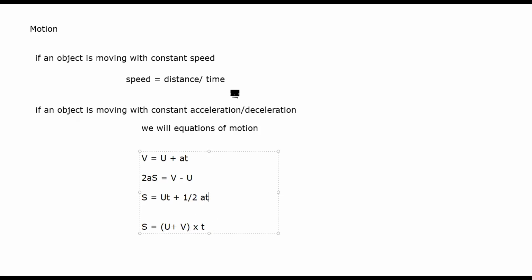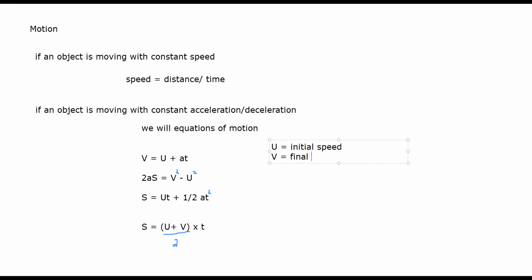So it's u plus v divided by 2 multiplied by t. And 2as equals v square minus u square, or s equals ut plus half at square. What is the meaning of these u, v? u stands for starting speed or initial speed. v stands for the final speed or velocity. a is the acceleration or deceleration.